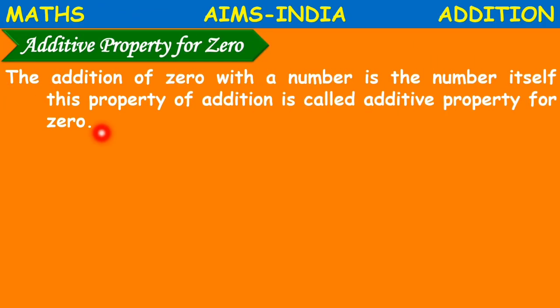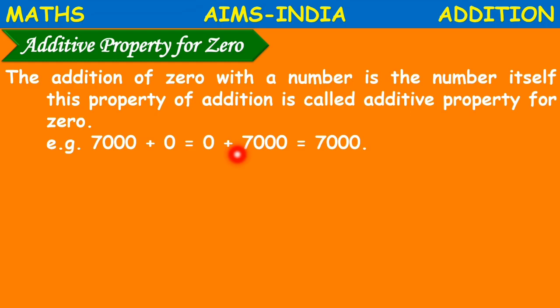Now moving on to the last property, which is the additive property of 0. This is very easy, children. The addition of 0 with a number is the number itself. This property of addition is called additive property of 0. Whenever we add 0 to a number, the answer will be the number itself.